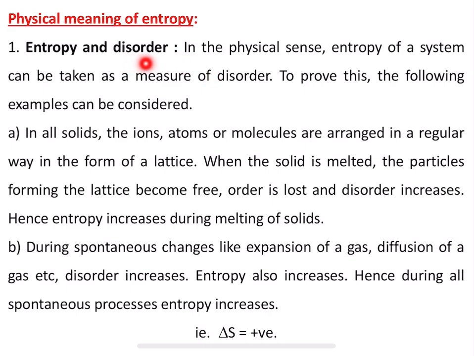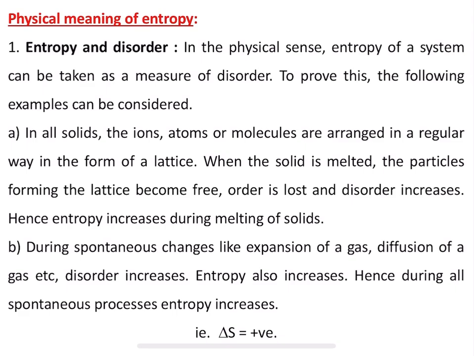Now we will see the first one. In the physical sense, entropy of a system can be taken as a measure of disorder. This is what I told while defining entropy. Disorder means how much energy or heat has been converted into work done, and how much is left without being used for work.